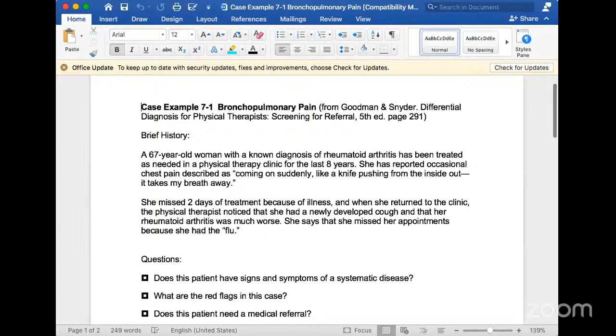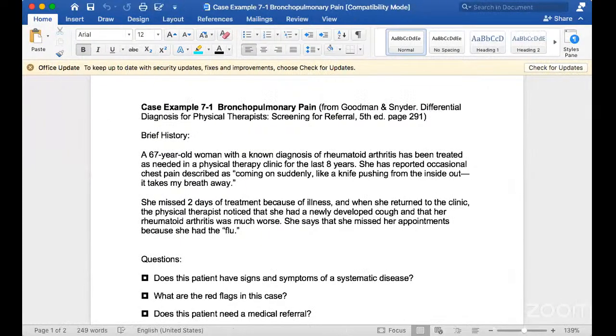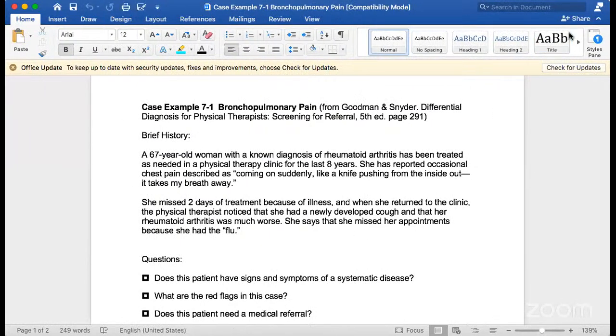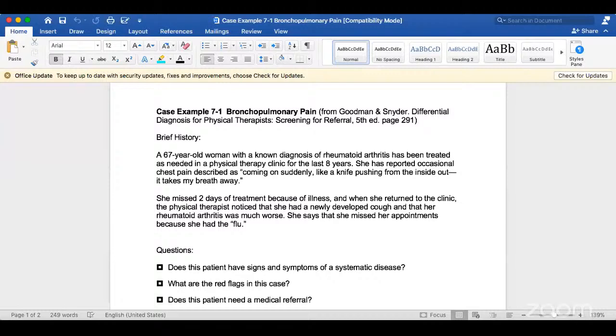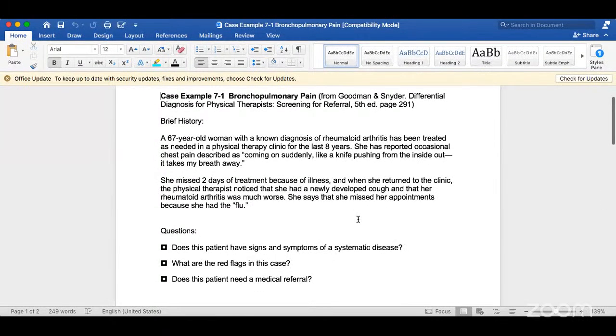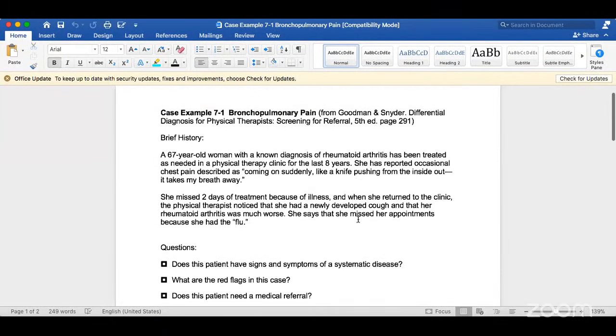Okay, so if you can see the document I've just shared, can someone read what is on the screen, please? Please, can someone help read what is on the screen?